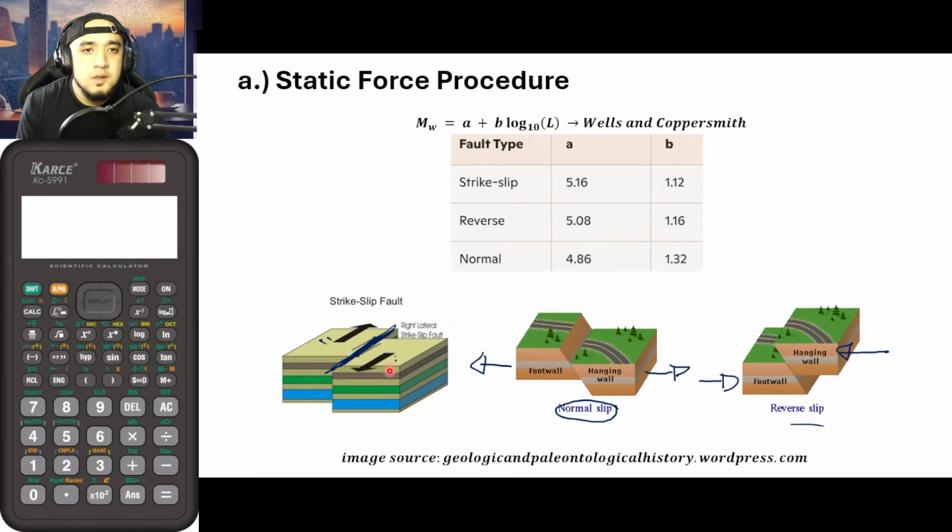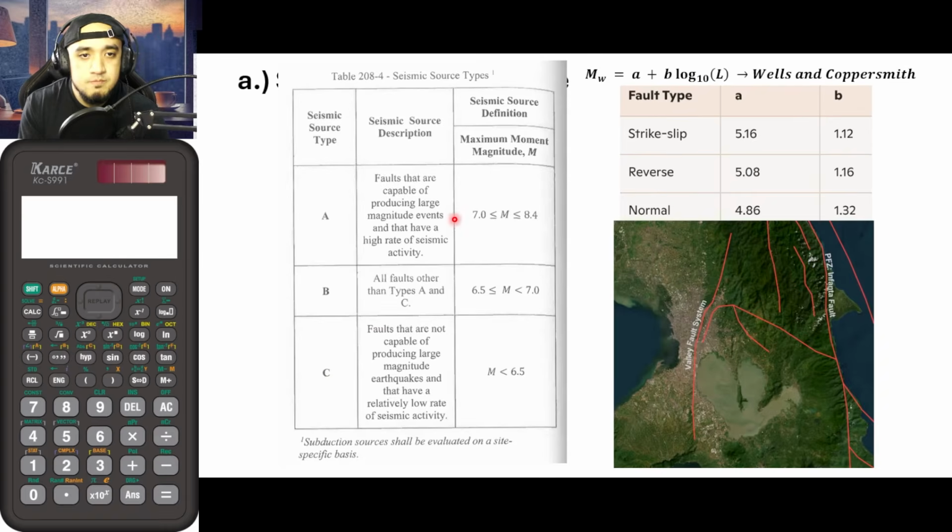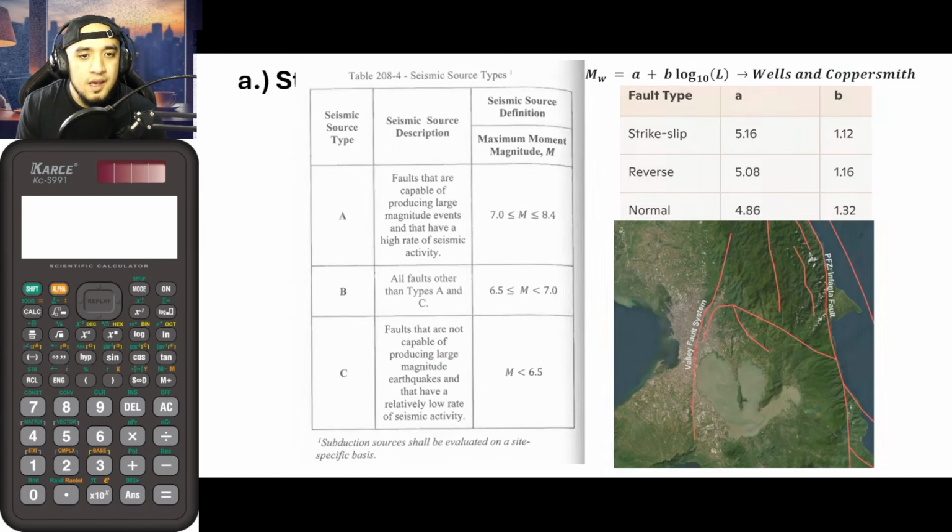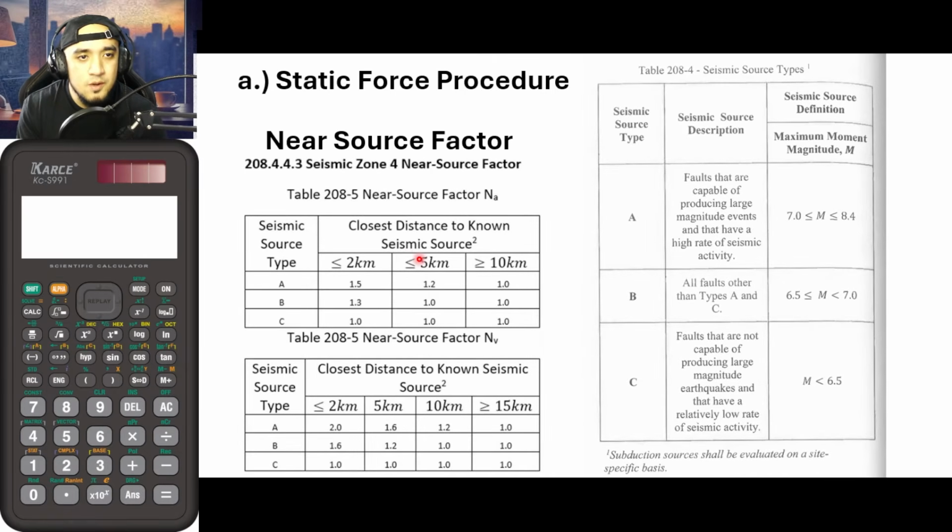Okay, so solving for the magnitude once again, you could now see what the seismic source type is, and from the seismic source type, you could now solve for the values for NA and NV. So going back to our previous formula. Ano yung formula na yun?